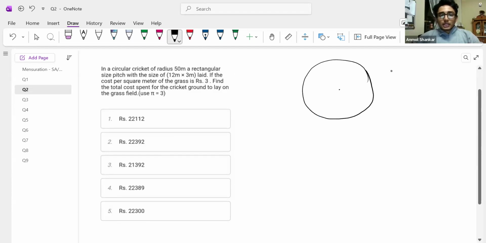Okay, so 50 meter radius, a rectangular pitch with a size of 12 meter into 3 meter is laid.